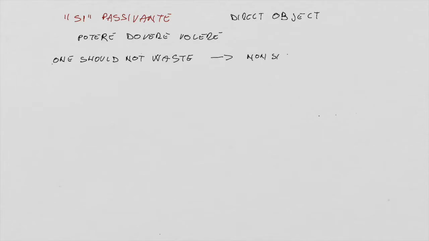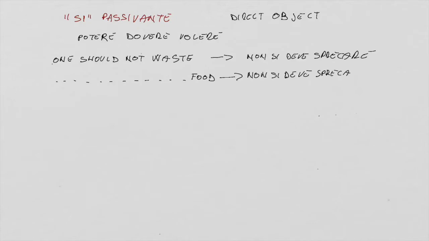So, non si deve sprecare. Now, one or you or we or people shouldn't waste food. In this case, we have food. Food is the direct object. Again, since food is singular, nothing changes. So you keep si deve, si plus the third singular person of the verb. Non si deve sprecare il cibo.